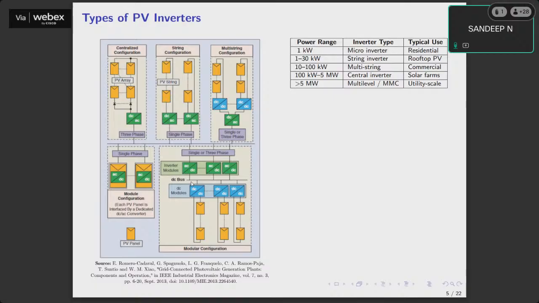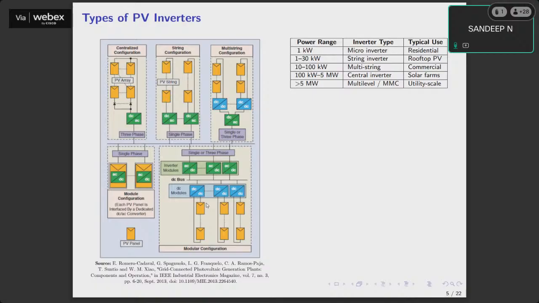The advantage is that if a single inverter fails, we still have the rest of the inverters. Of course, they have to take on a higher load, but they will still be able to draw or dump the power from the DC bus to the grid. That is the main advantage of a modular configuration. The moment we have modular, the system has higher reliability.